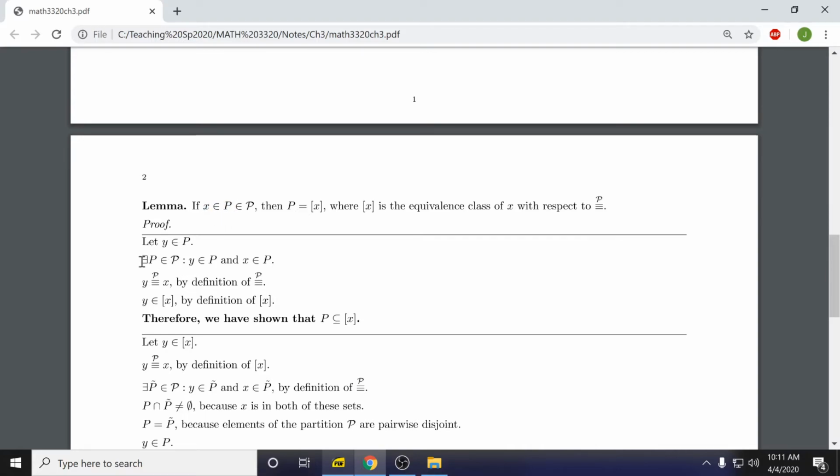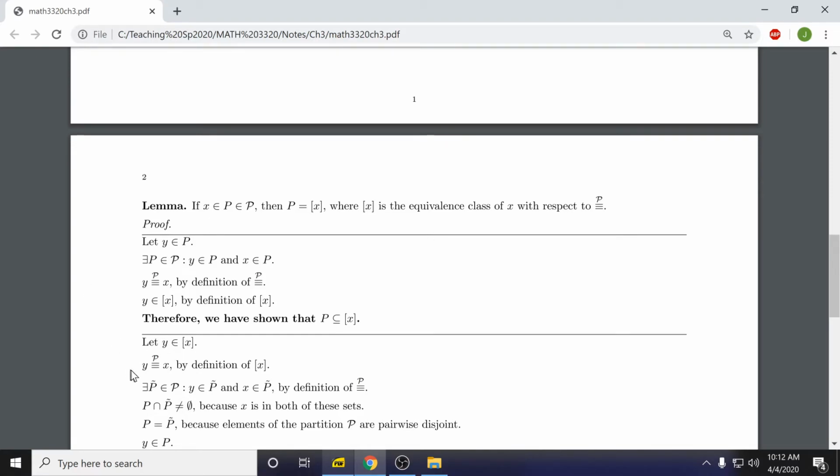So you'll notice that this is again just exactly the definition of Y being related to X. So Y is related to X by definition of the relation. But if Y is related to X, Y is in bracket X, right? That's what the equivalence class of X is. And so we've taken an arbitrary element of P, we've shown that it's in bracket X, and that shows that P is a subset of bracket X, right? Let's go the other way. So let's let Y be an arbitrary element of bracket X.